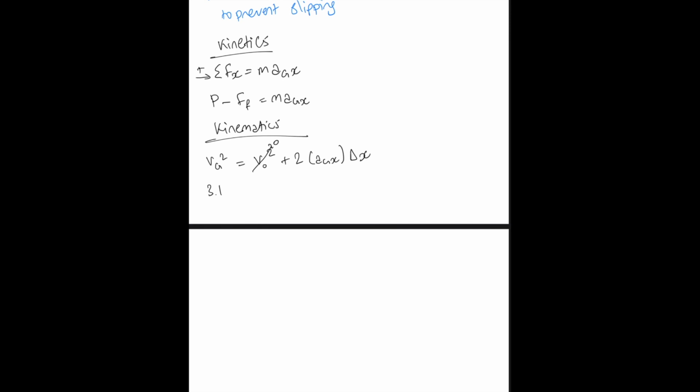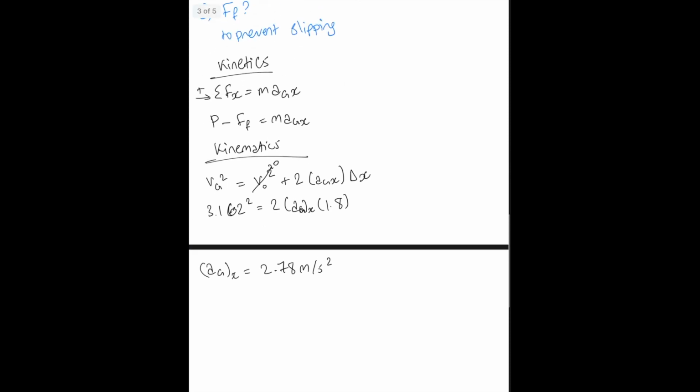So if you plug in our known values, it's going to be 3.162 squared is equal to 2 a_gx multiplied by 1.8, to give us a value for the acceleration of center of gravity in the direction x equal to 2.78 meters per second squared.